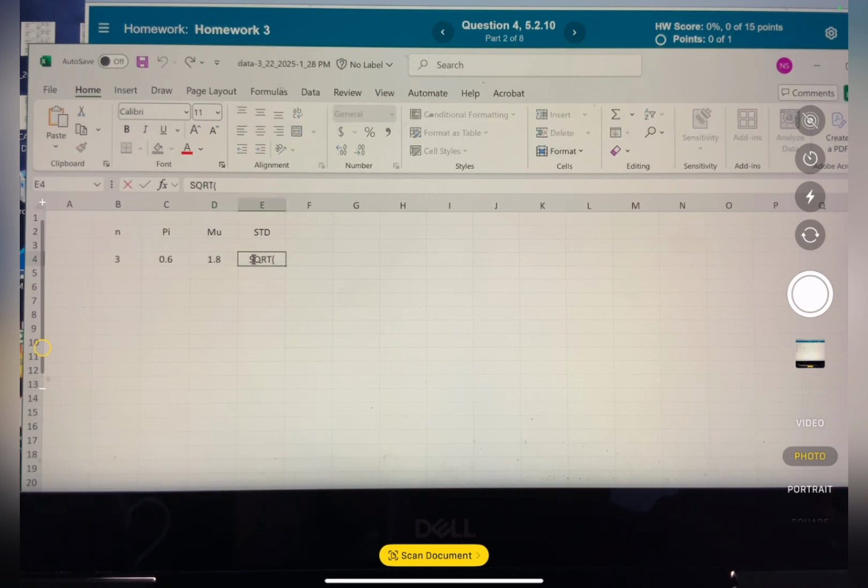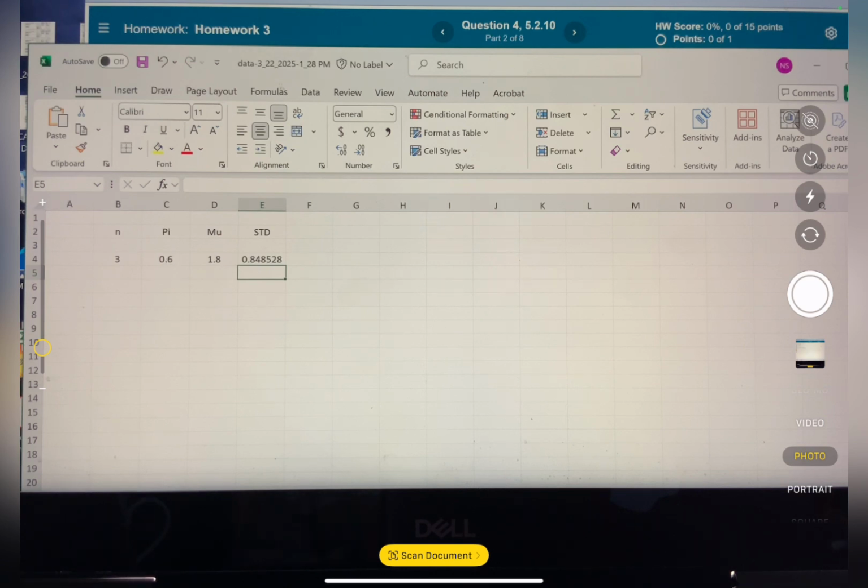Oh, I didn't put the equal sign. Equal sign, times this mu, times, and in parentheses 1 minus pi, right? Closing parentheses, and one more parenthesis for SQRT, and enter, and we get 0.848.